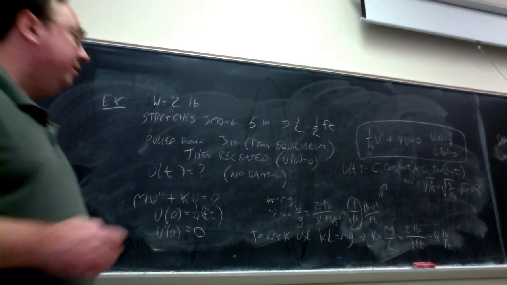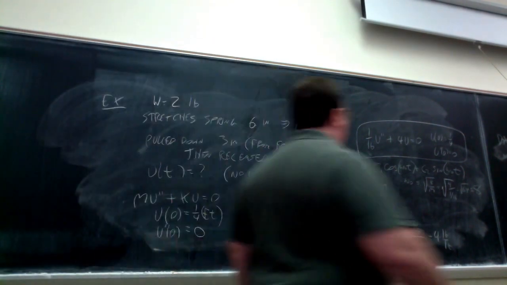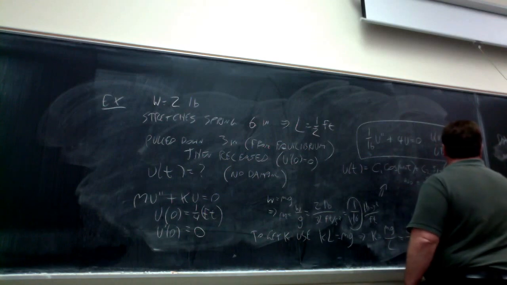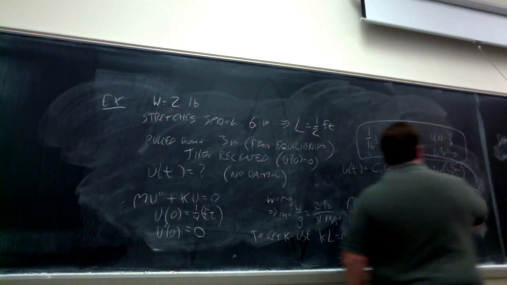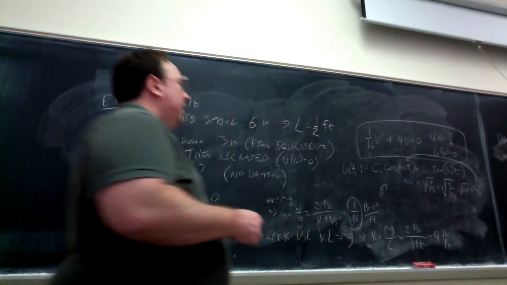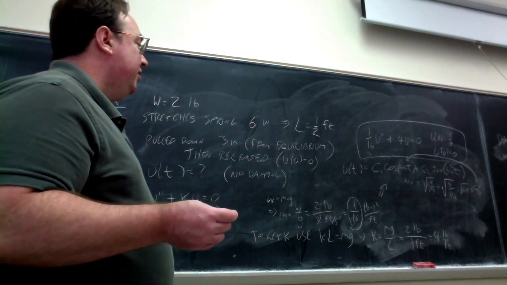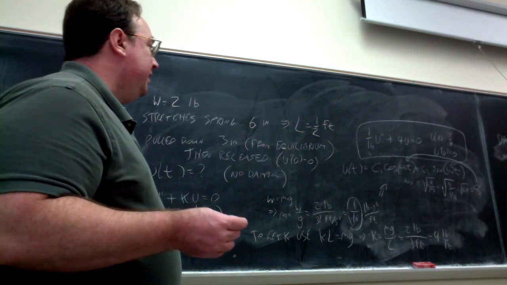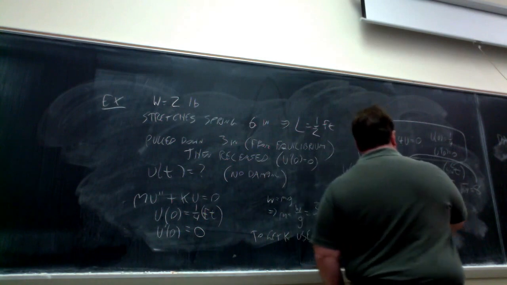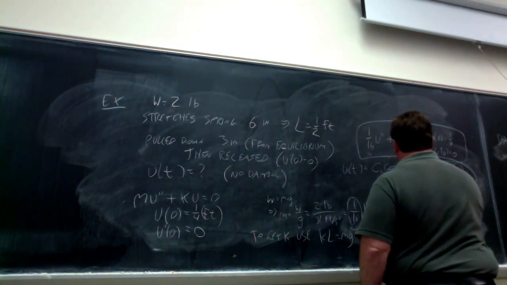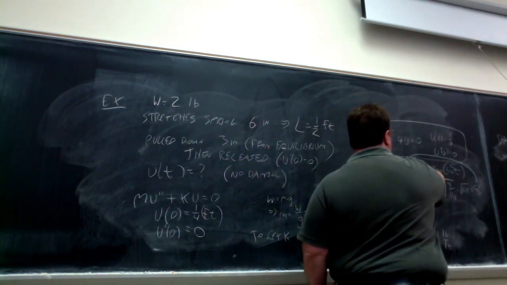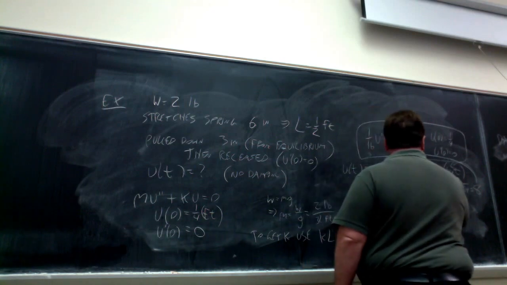Okay. So now we can fill that in here for a solution. And then we can use our initial conditions to get the solution. So u of 0, we just plug in t equals 0, all we get is C1.